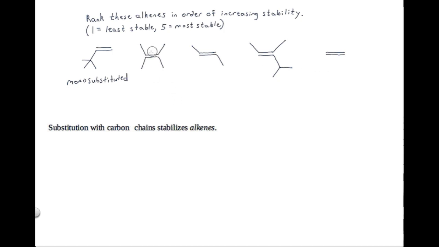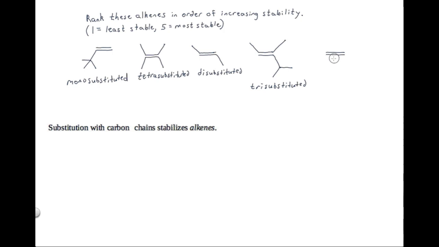Well, this one is tetra-substituted. Tetra means 4. This alkene is substituted with 4 carbon chains. This is di-substituted. This alkene is substituted with 2 carbon chains. This is tri-substituted because it's substituted with 3 carbon chains.